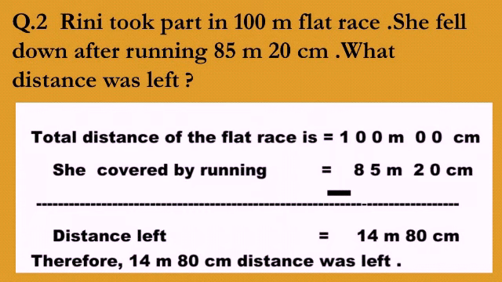Therefore 14 meter 80 centimeter distance was left. It is very simple. Those who have any problem in writing the statement can read the question properly. If you read the question properly, you can overcome this problem.